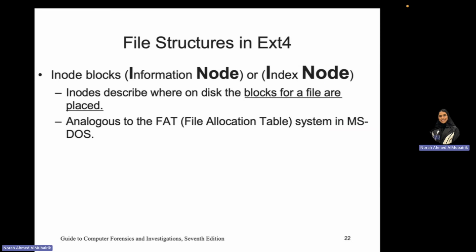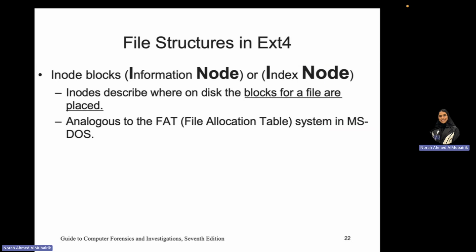After the super block, we have more important information. We have something called the metadata, okay? But the fourth extended does not call it metadata. It calls it index node, information node, which means metadata information about files and directories. Do you remember in Windows file systems, if we have FAT, if we have NTFS and there is an MFT record, we have several attributes, for example 20, 30, 40, 50.